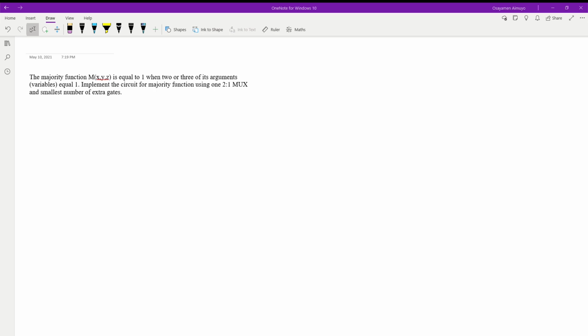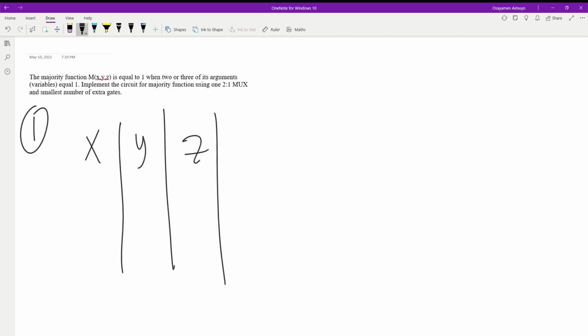For this, what we're going to do is apply the same set of rules as before. So first of all, truth table. We have 3 inputs and just 1 output. It's equal to 1 when 2 or 3 of its arguments equal 1. Okay, so x, y, z.